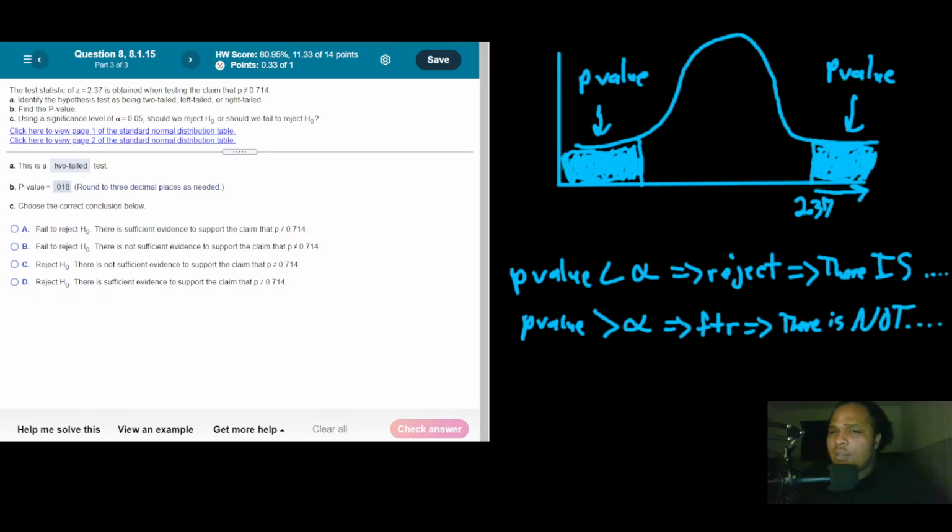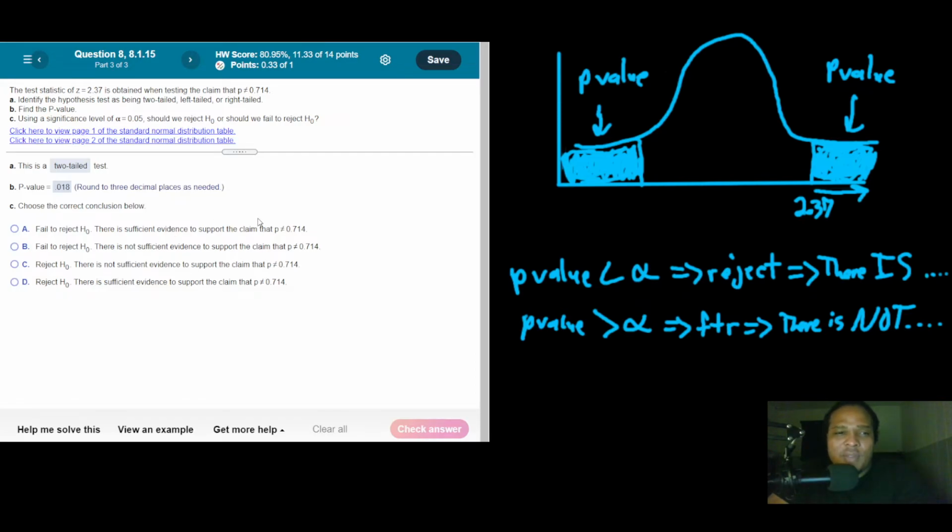So just remember these 2 little guys here. When your p-value is less, there is. When your p-value is greater, there is not. When it's less, you reject. When it's greater, you fail to reject. And really, it's so consistent with the later chapters. If you commit that to memory, you're going to do very well.